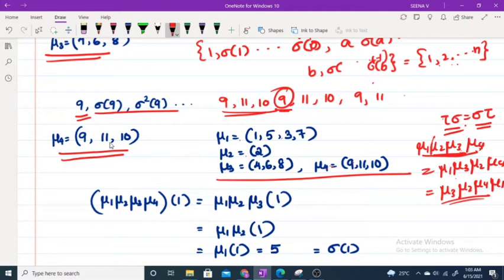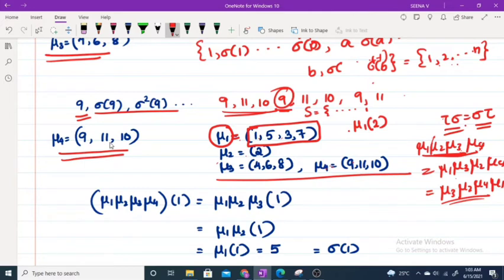Now we have to prove sigma is a product of these cycles. From this it is clear that, listen carefully, if you take any element in the set 1 to 11 which is not in this cycle, then the image of that element under mu1 is a fixed element. Mu1 is actually the cycle 1 5 3 7.